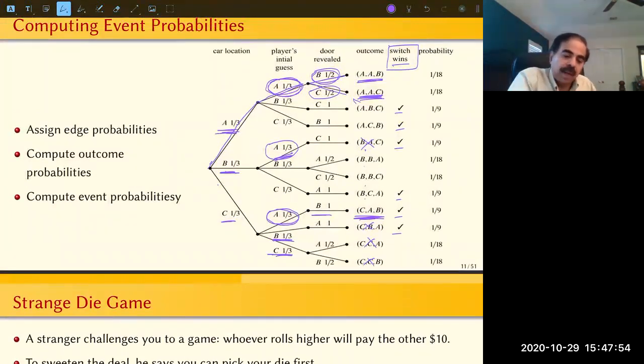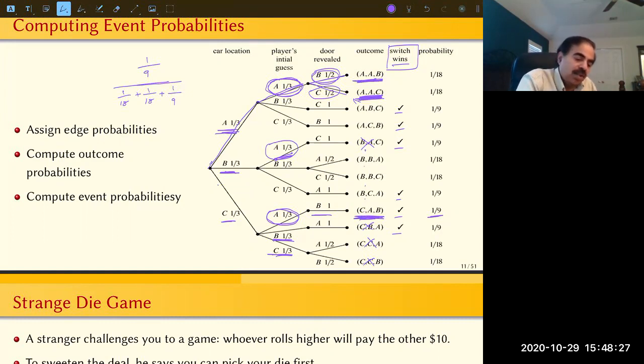Okay, so the probability of CAB is 1 by 9. So the numerator there is 1 divided by 9. And the probability of these three outcomes in the denominator adds up to 1 divided by 18, 1 divided by 18, 1 divided by 9.